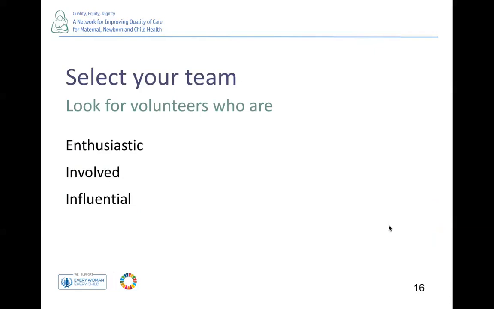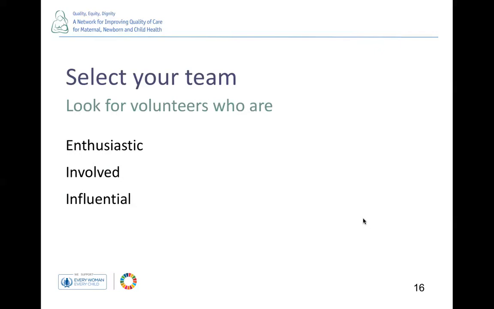A team has greater power than a single person to make a change. We should look for people who are enthusiastic. Try to get members who want to work on this aim and have ideas for how to reach it. Look for volunteers. People who are interested in making changes will self-motivate.